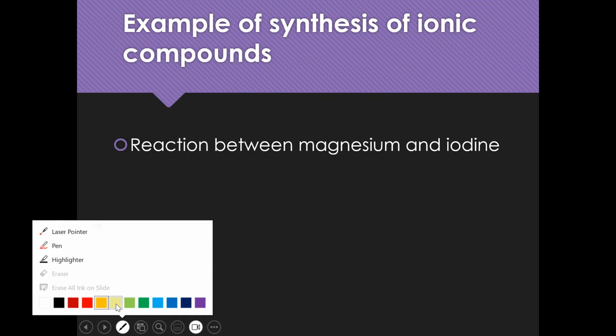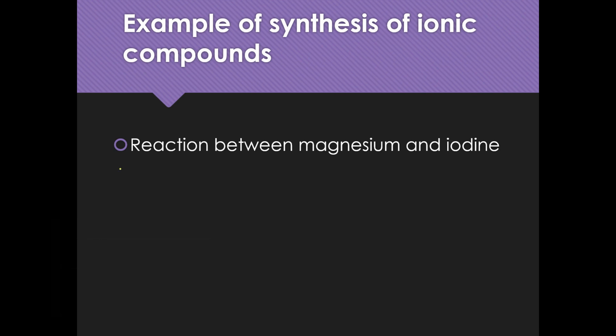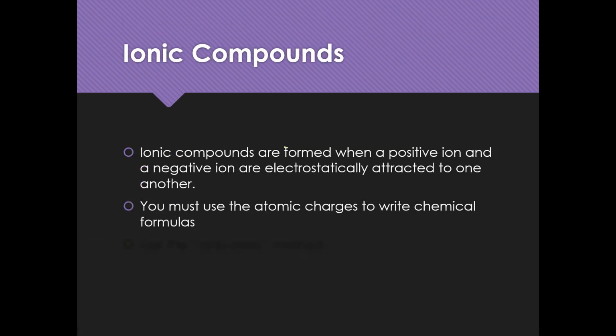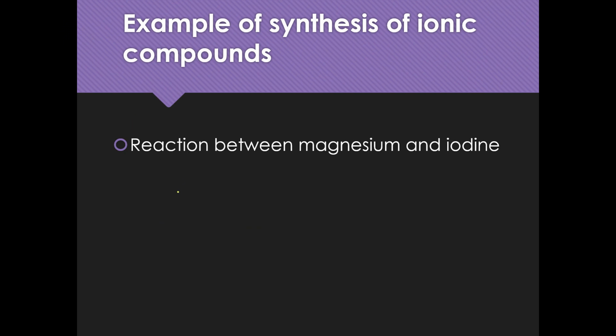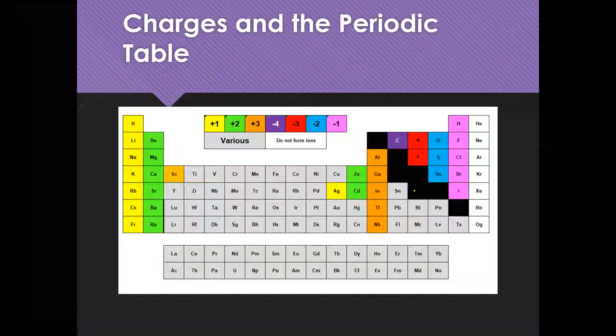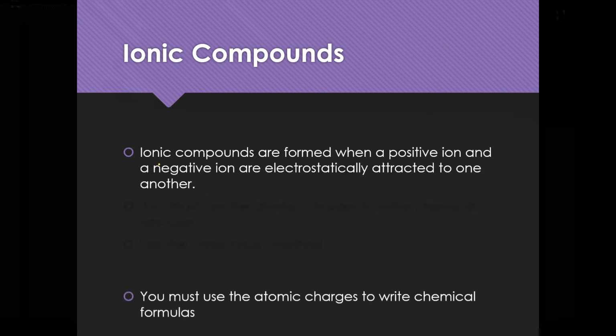I'm going to use yellow this time. So I have, go back, yep, okay. We have magnesium and iodide. Magnesium, if you look at its location on the periodic table, let's go back. Magnesium has a +2 charge.